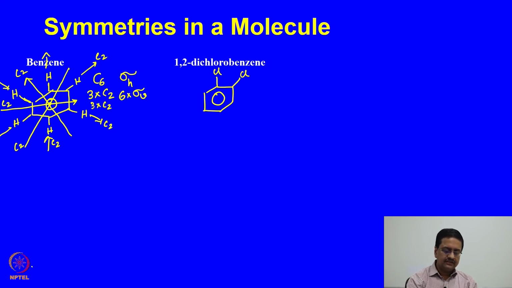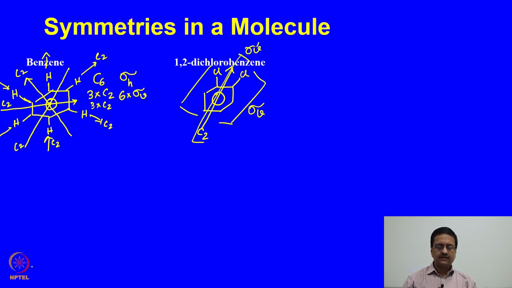What we have is just one C2 axis bisecting the molecule like that. The plane of the molecule is the sigma V, and the plane which contains the C2 axis and is perpendicular to the molecule is another sigma V. So, this molecule is very similar in symmetry to water.